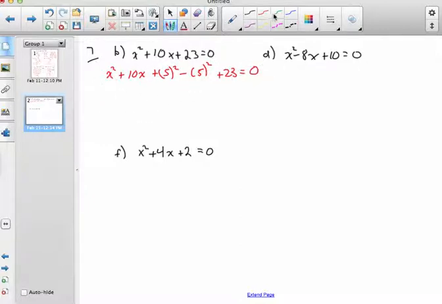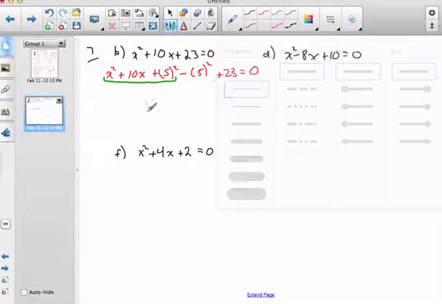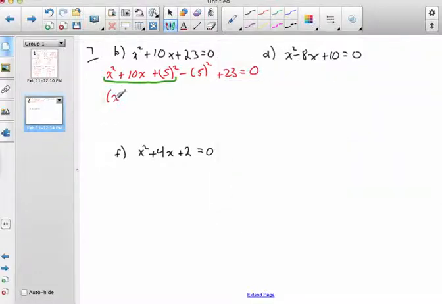Now the reason we complete the square is that this is going to factor for me into a binomial square. Okay, and you can check, you can re-expand this to check that I've done it properly. And then we have minus 25, that's the minus 5 squared, plus 23 is equal to 0.